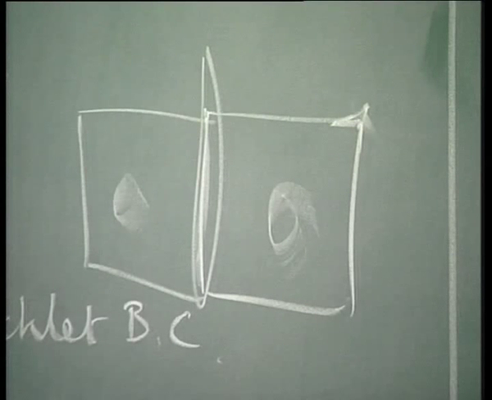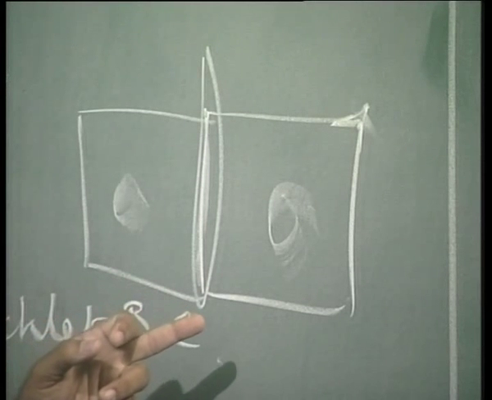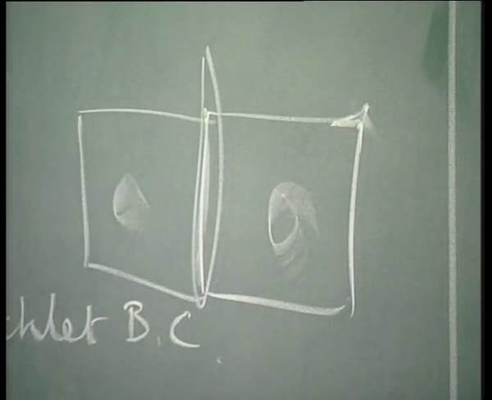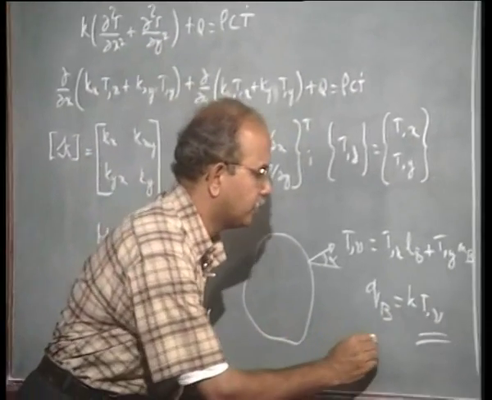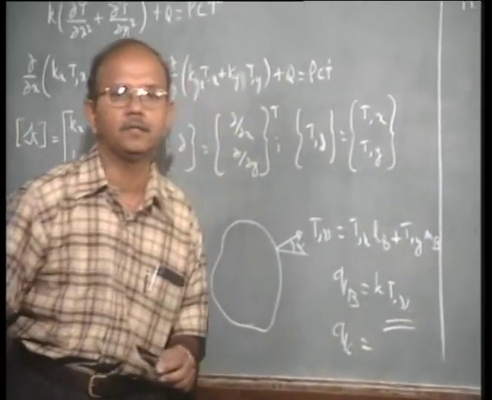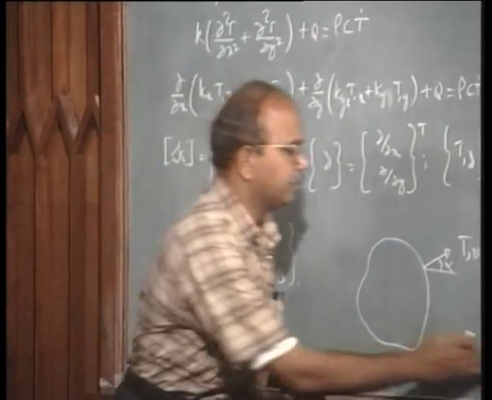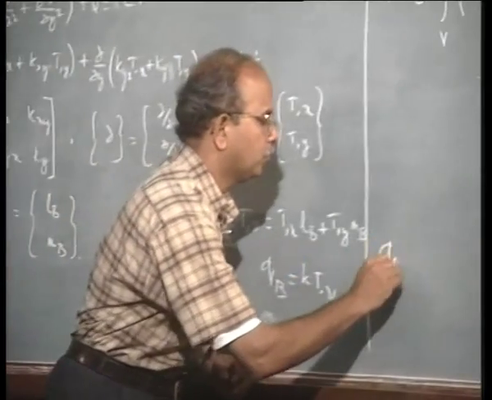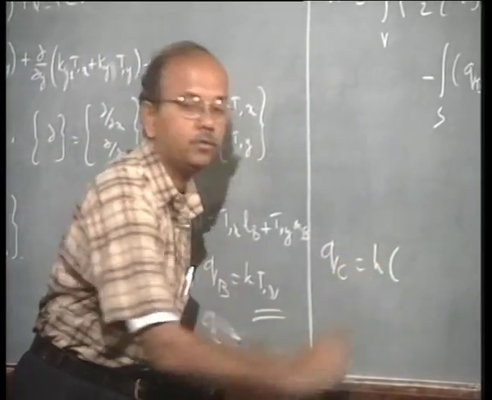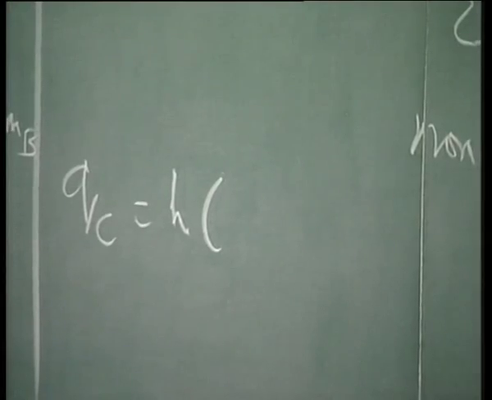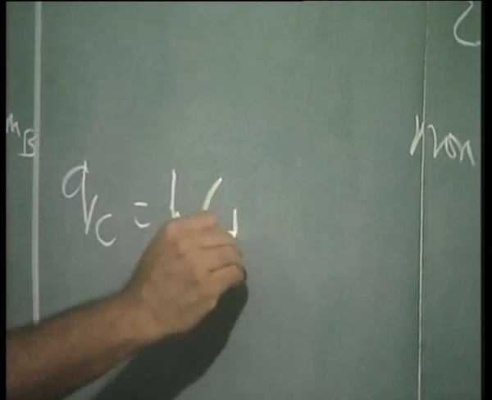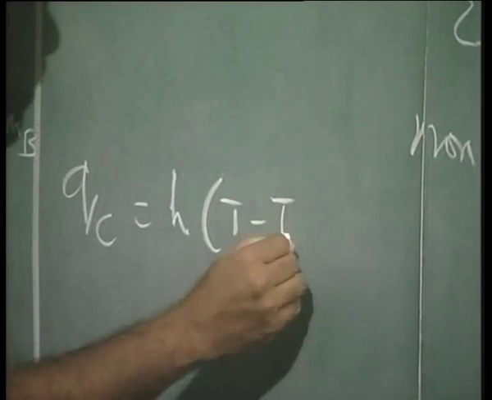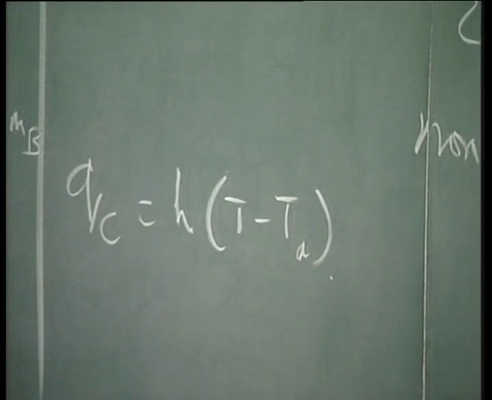So, I am going to put down here the boundary condition of the form: Q due to convection is equal to h into T minus T infinity, or T atmosphere, or whatever you call it.